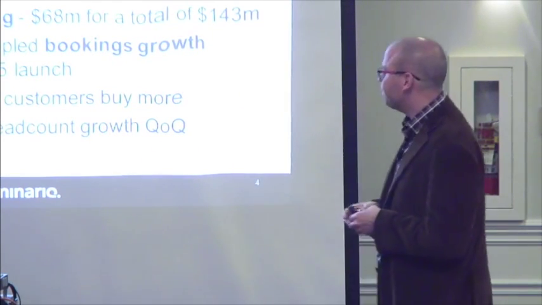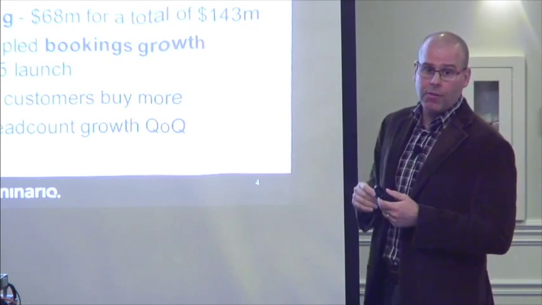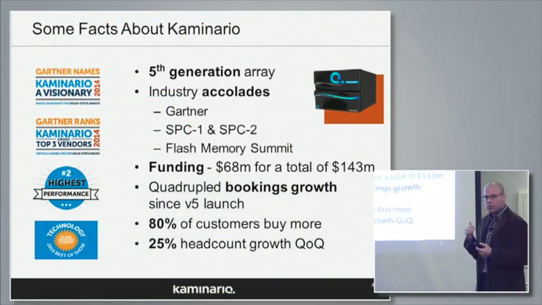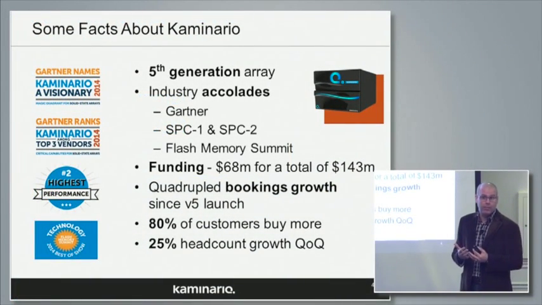We had more than $100 million in requests to get into the company. We took 68 million. Since we launched our V5, we quadrupled our bookings, so we're growing exponentially. And what's interesting to note is that 80% of our customers quickly grow more.